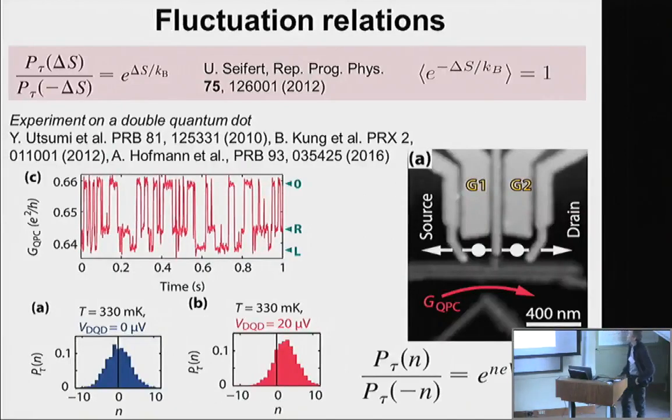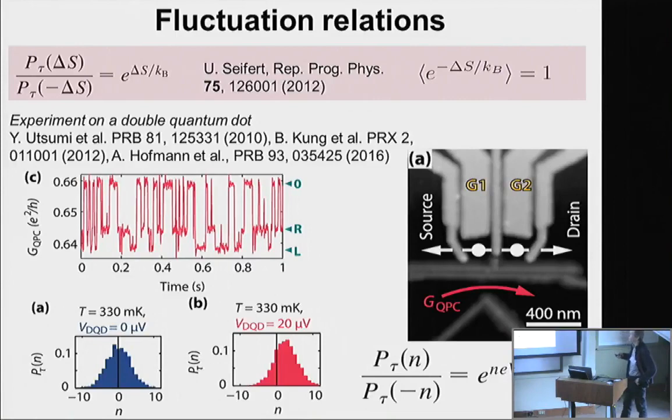But of course, in these small systems, we are more interested in the fluctuations, and these are naturally governed by the very well-known fluctuation relations, where the probability of having either positive or negative entropy change over a given time is given by this exponent of the entropy itself.